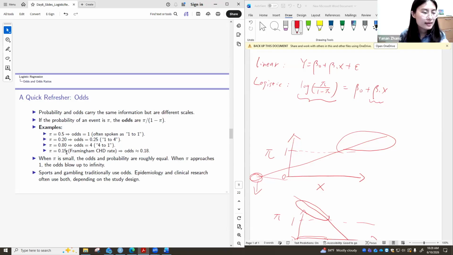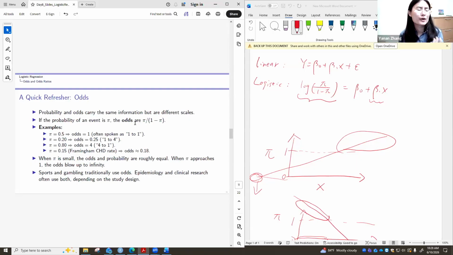If the probability of getting the disease is 15%, the probability of not getting the disease will be 85%. So 15 divided by 85, we get odds of around 0.2. This is how we define odds.